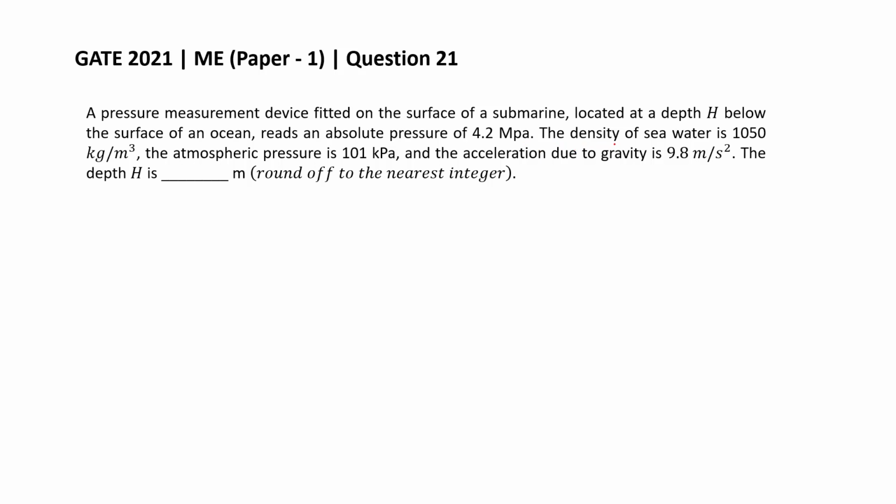The density of seawater is 1050 kg per meter cube. The atmospheric pressure is 101 kilopascal, and the acceleration due to gravity is 9.8 meter per second square. They are asking us to calculate the depth h in meters. This question is simply a matter of changing everything into SI units. That's all you need to do.